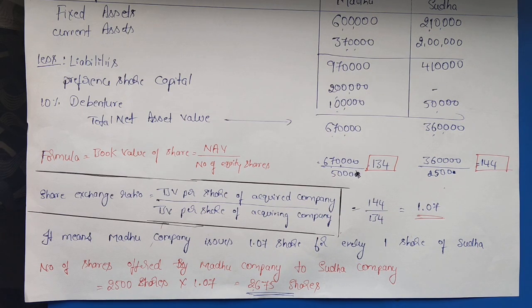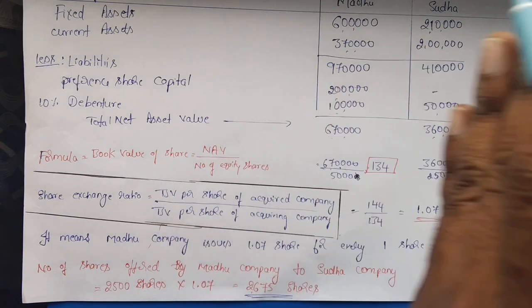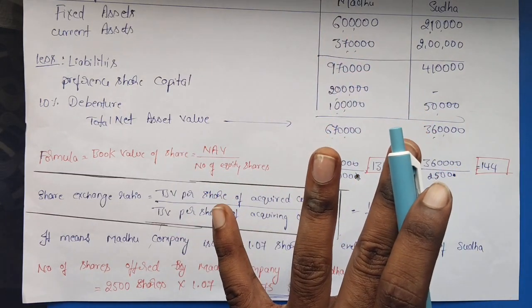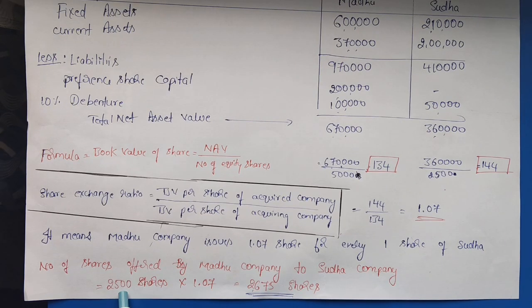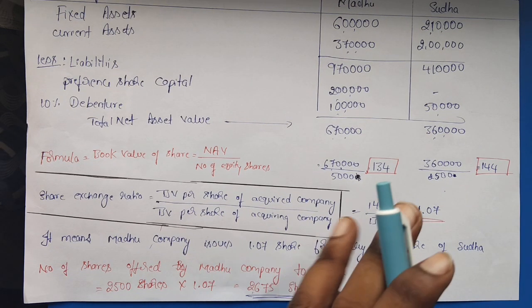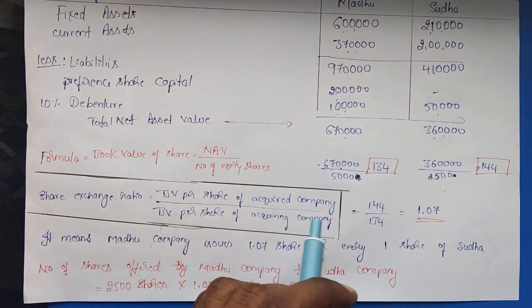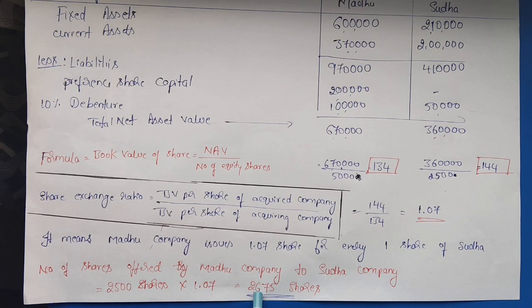Okay, I'll repeat this again. Madhu company is going to acquire the Sudha company. At that time, Sudha company has 2,500 shares held. While acquiring that company, Madhu company is going to offer 2,675 shares.